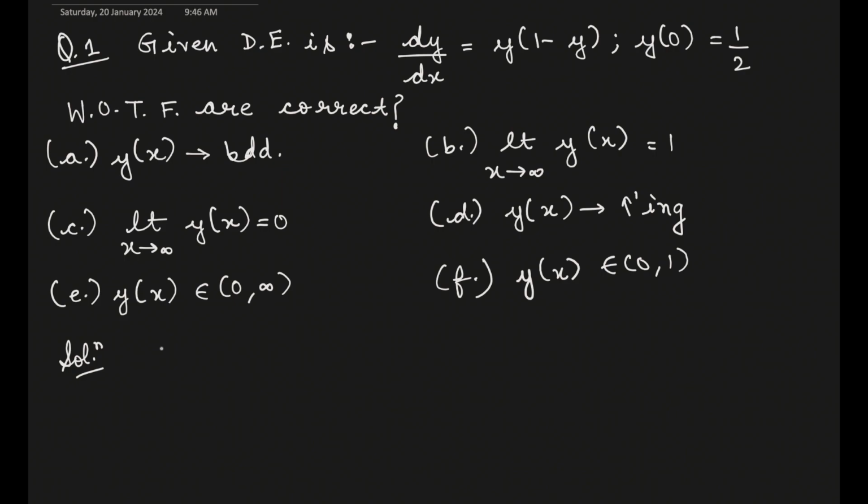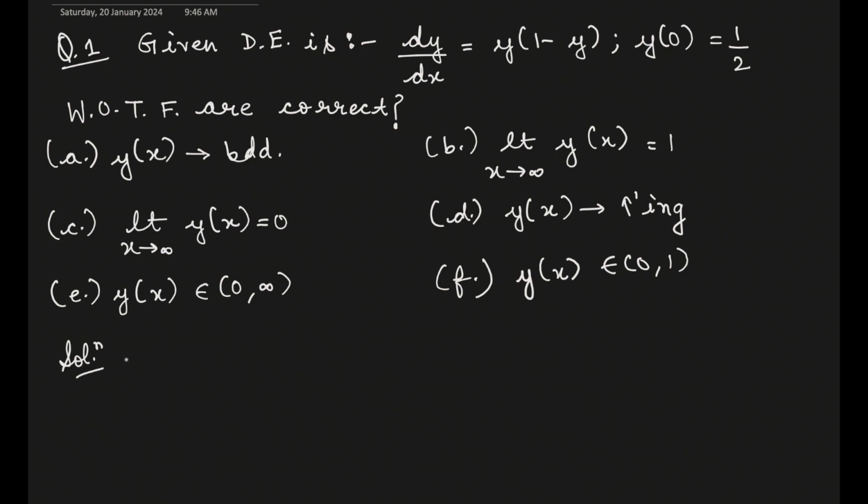And option B, supremum is 1, I'm guessing. And option D, increasing. And so A, B, D. And what about F? F will also be correct. But 1 is not included here actually, and here is the solution.